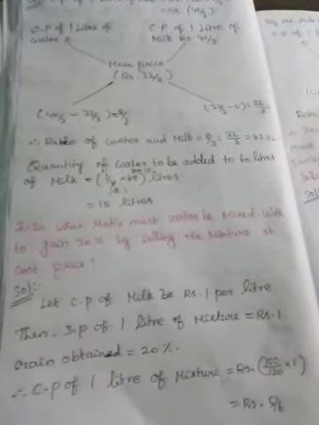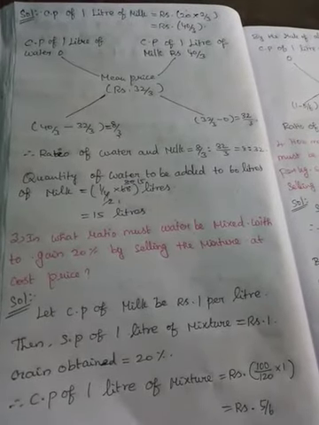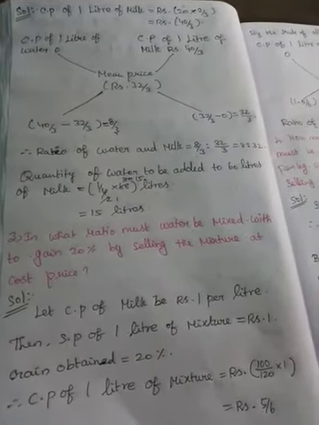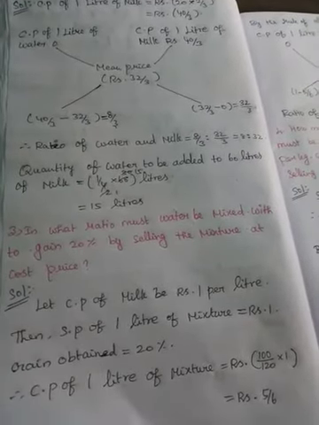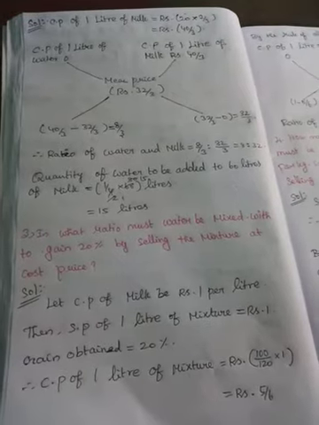Third sum. In what ratio must water be mixed with milk to gain 20% by selling the mixture at cost price? Solution.